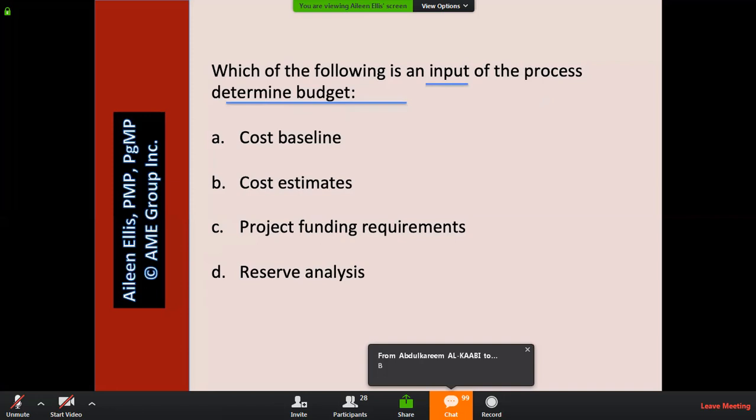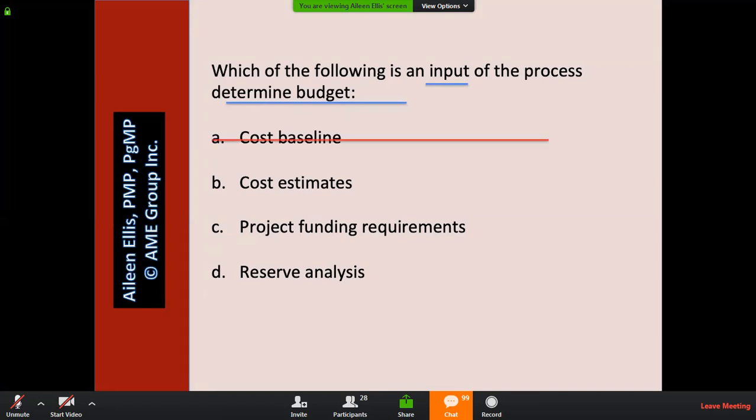So we're looking for an input of determine budget. How do you know answer A, cost baseline, is wrong? Because it's the output of determine budget. So many of you said cost estimates. So let's skip that one. Let's go to answer C. How do you know answer C is wrong?